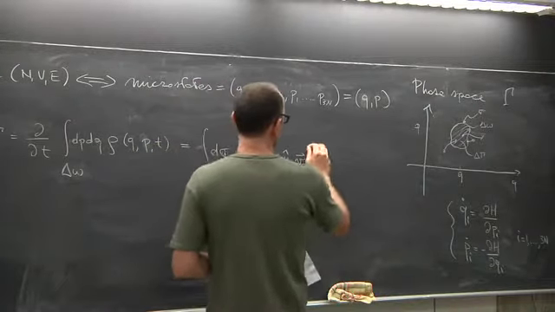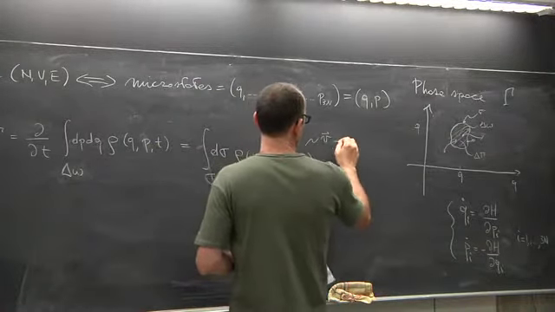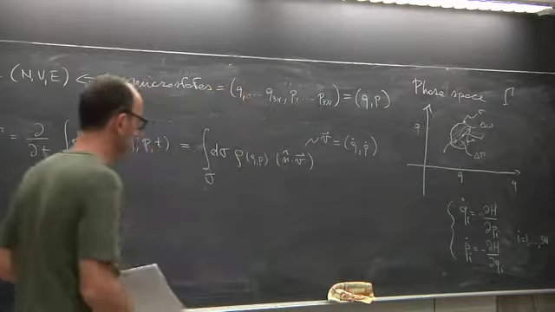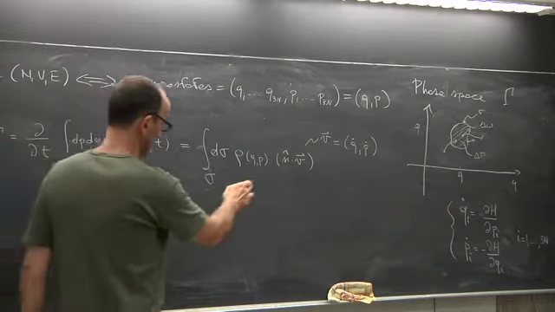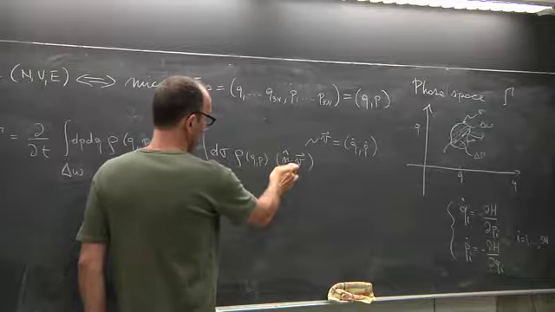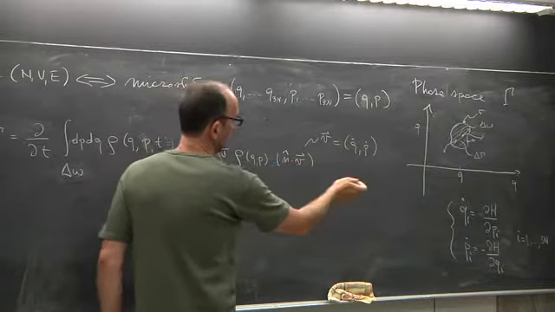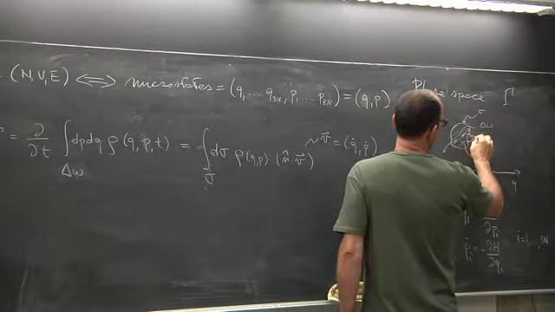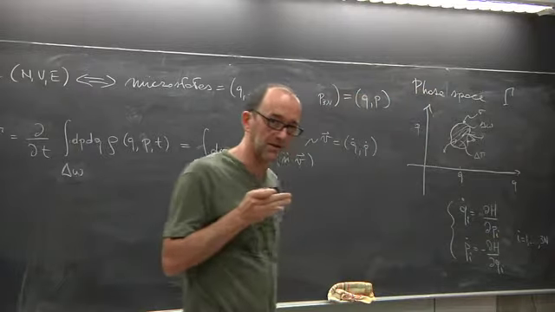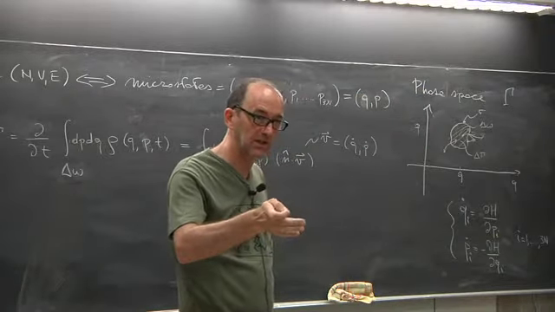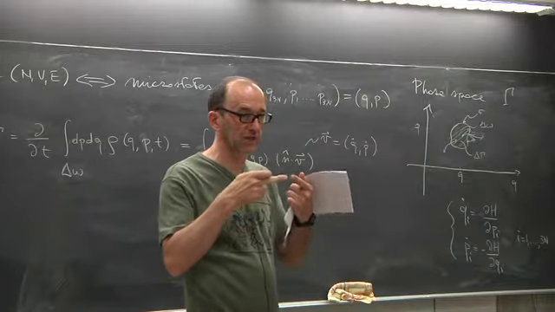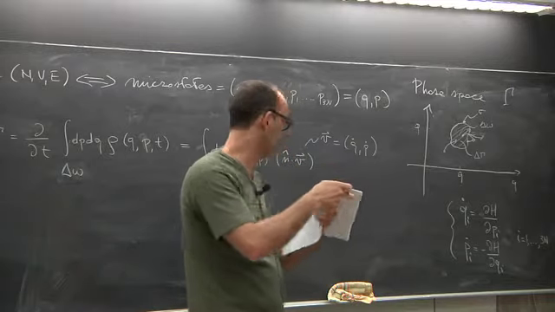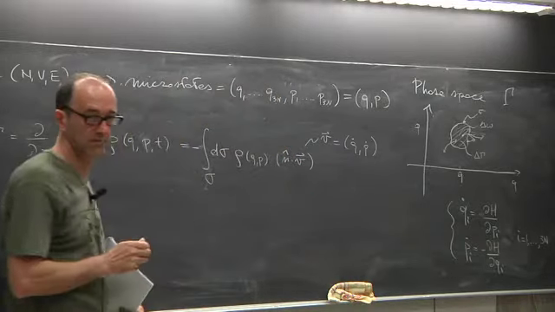And this velocity is just q dot and p dot, which is given by that. And of course, when the velocity has a positive component on the normal, then the points will go out. And when the velocity and the normal are in opposite directions, there will be an increase in the number of points. So there is a minus sign here. Okay.